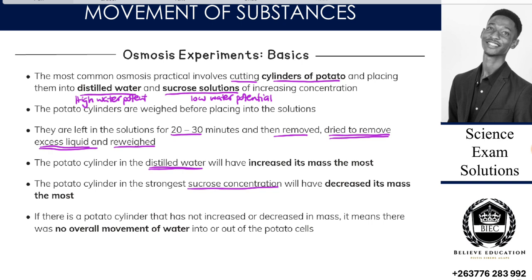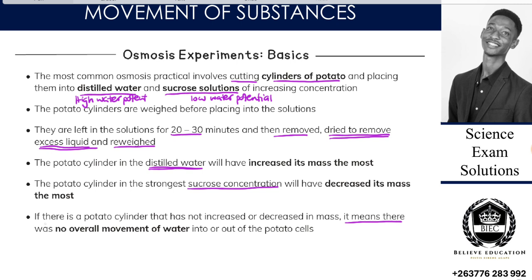Are we together? So if there is a potato cylinder that has not increased or decreased in mass, it means that there was a balance, right? It means that the water potentials were about the same, the water and the potato have the same water potential, so there is no net movement.